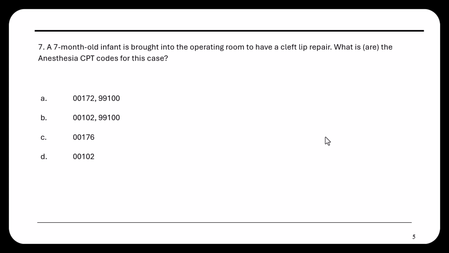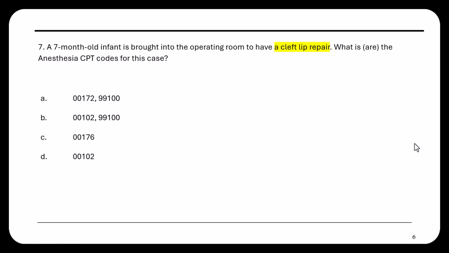But we also have this 99100. So what is 99100? It is one of those qualifying circumstances in the front of the anesthesia section, which says this person is either younger than 1 or older than 70. So that's something to consider.